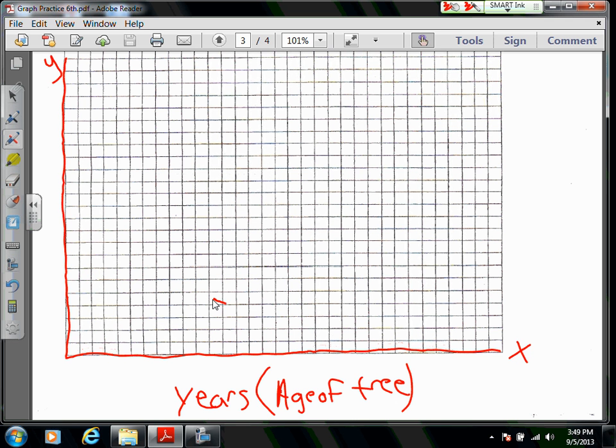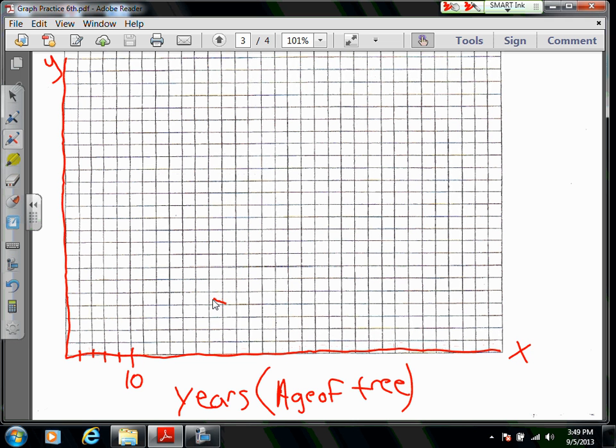We need to make the most of the graph by making our increments occupy as much of this line on the x-axis as we can. So looking at that, probably the best thing to do is make each hash mark or grid mark worth 2 years. So you got 2, 4, 6, 8, 10.